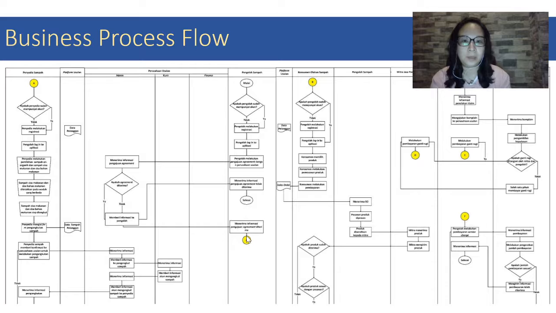For example, after this process it goes to this process, then you can use this notation. From here goes to A means that it goes to this process, and from here goes to D, then it goes to that process, and so on, until it goes to the process selesai, or end.